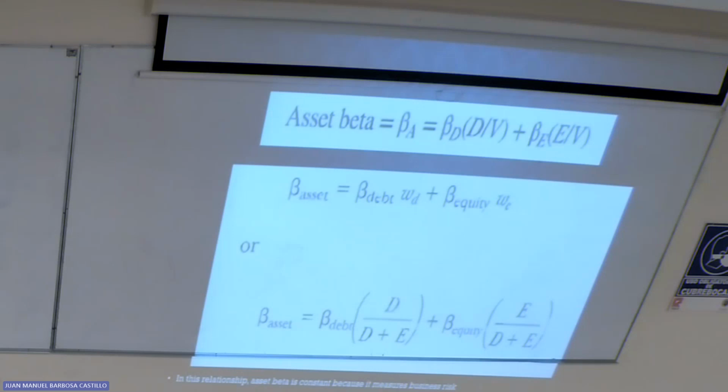We could change liabilities for debt, right? Because not all liabilities produce return. But it should be equal or greater. When shall it be equal? When shall it be greater?